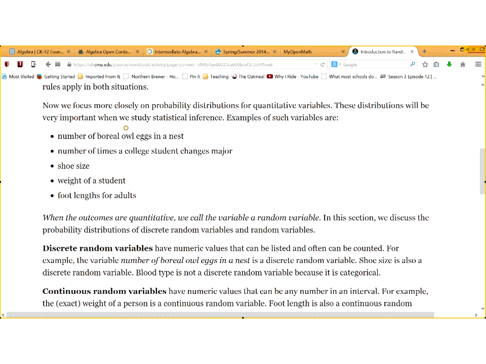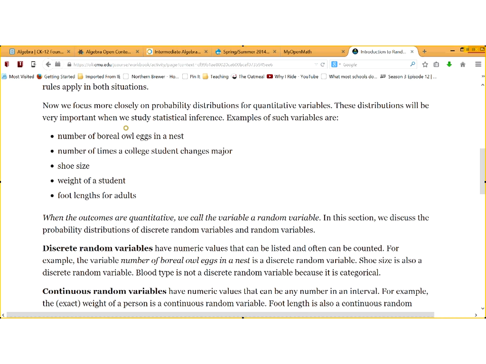So they're random variables if they're the result of something random. So it might be, in the case of the owl eggs, maybe we choose a nest at random. For the college student changing majors, we choose a college student at random and find out how many times they've changed majors. And then we would say the answer for that is X.